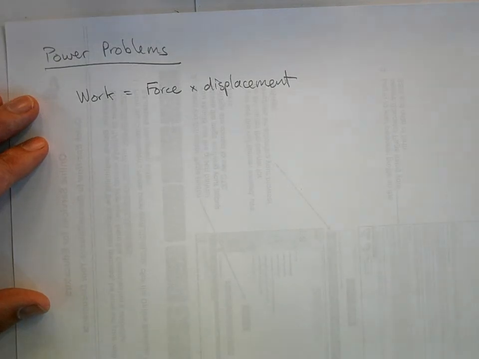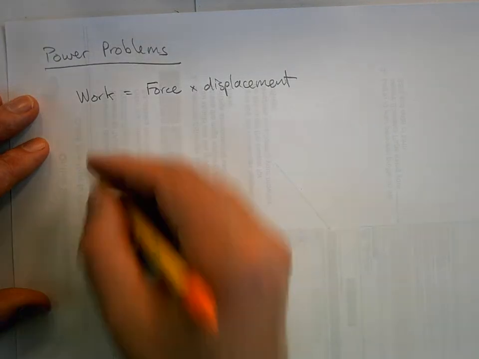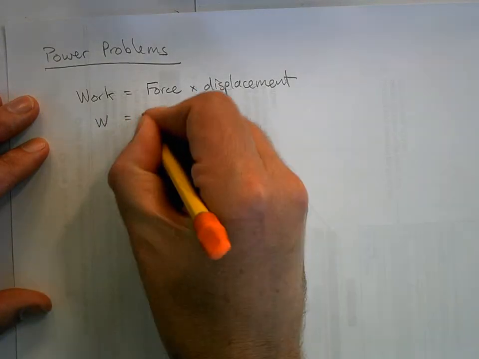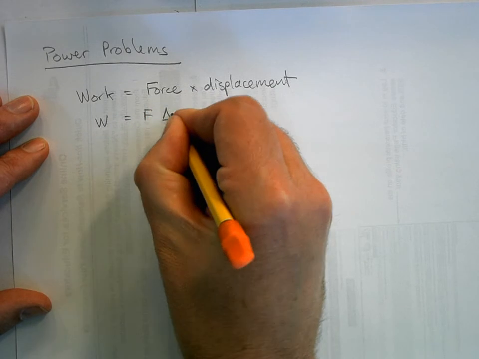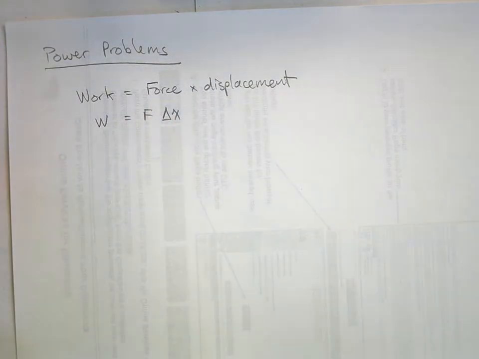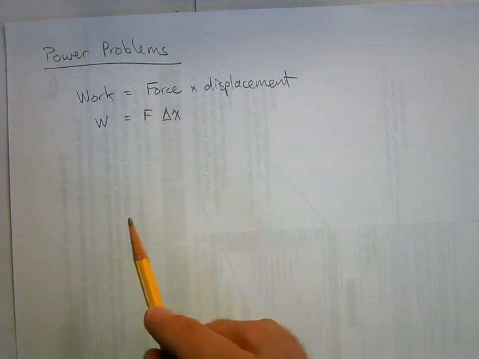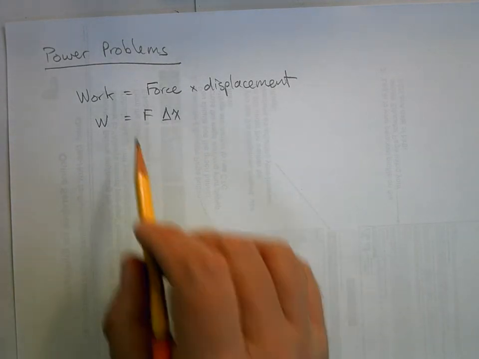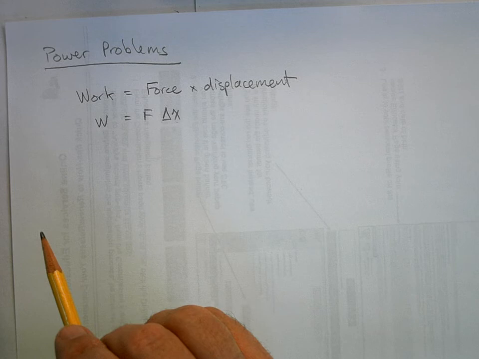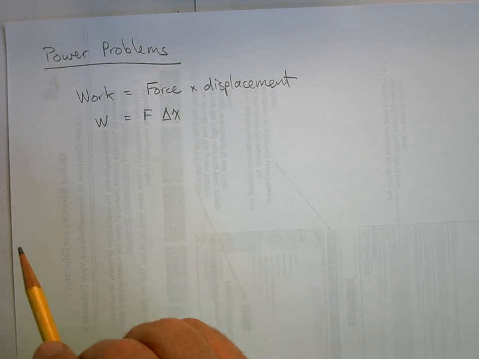And we had variable names that we used to represent that. And then we did say that if the force and the displacement are in the same direction, you're doing positive work. If the force and displacement are in opposite directions, you're doing negative work.